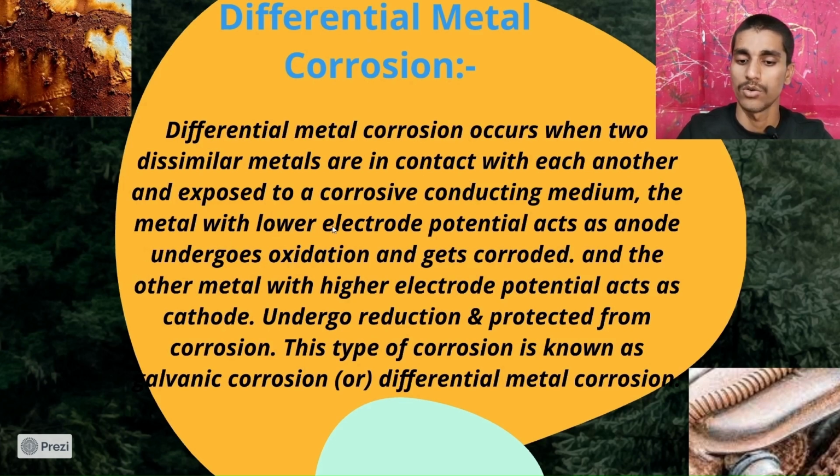The metal with lower electrode potential acts as anode, undergoes oxidation and gets corroded, and the other metal with higher electrode potential acts as cathode, undergoes reduction and is protected from corrosion.